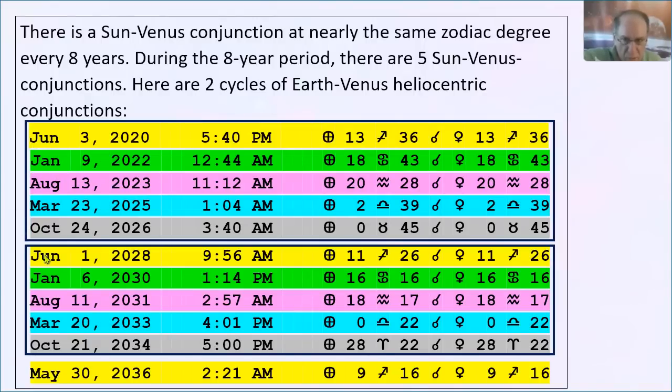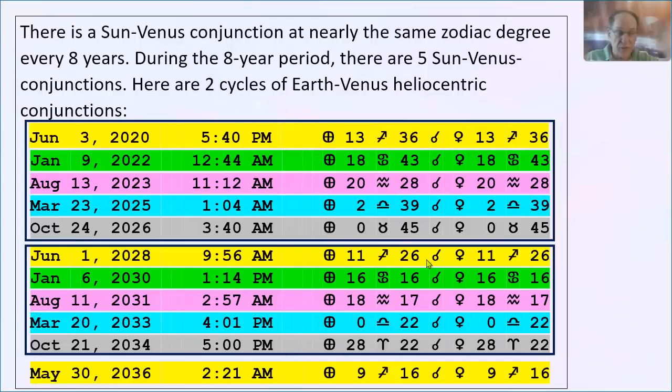The 6th one comes almost exactly 8 years later, 2 days less than 8 years later. So on June 1st, 2028, we go from June 3rd, 2020 to June 1st, 2028. That's 8 years minus 2 days, another alignment in the same place in the sky.